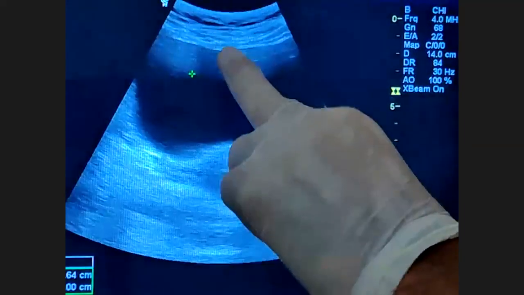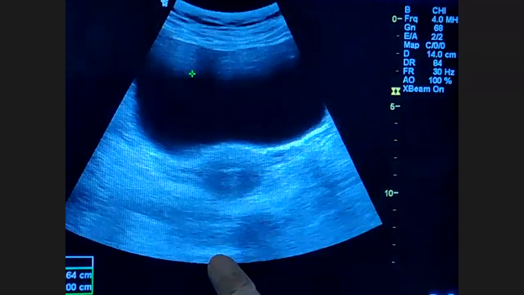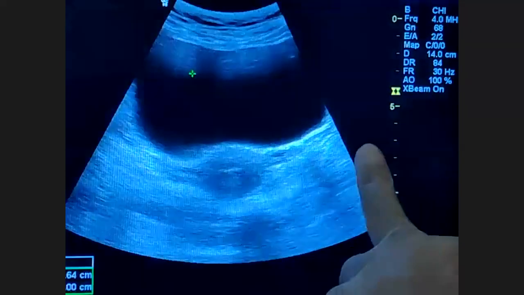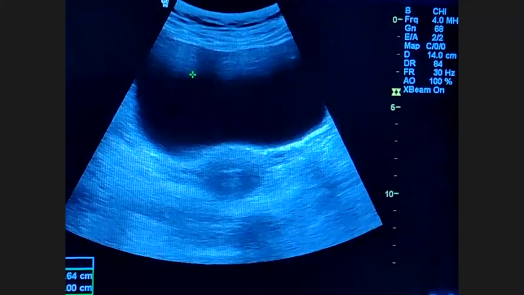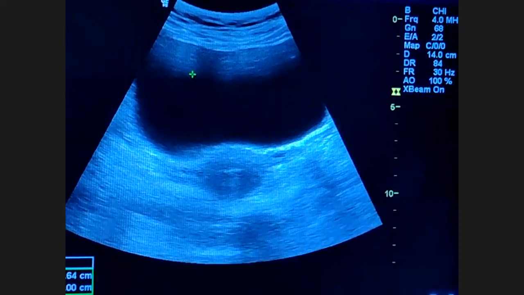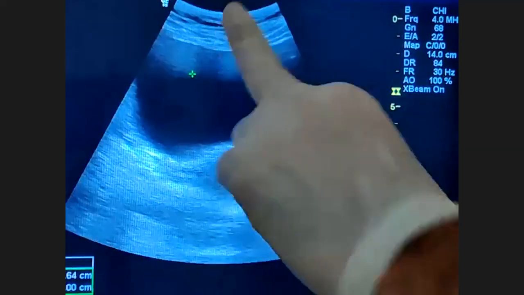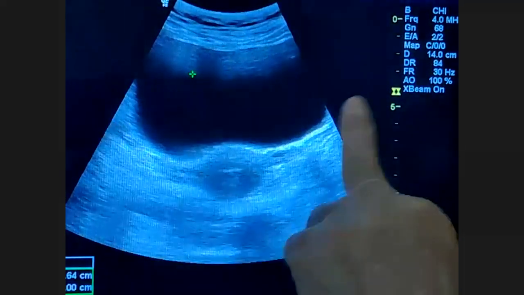This side is anterior, this side is posterior, this side is the right, and this side is the left of the patient. This is very important. This is the screen orientation. This is already taken in the machine settings, right? Now, again repeating, this is anterior, this is posterior, this is right, and this is the left.